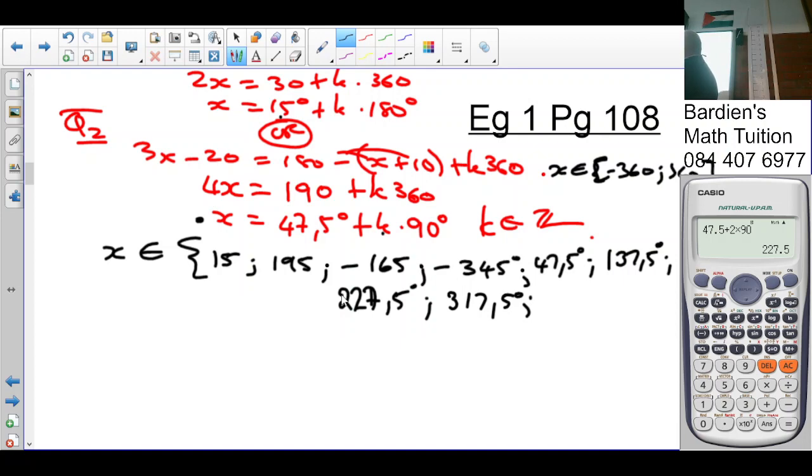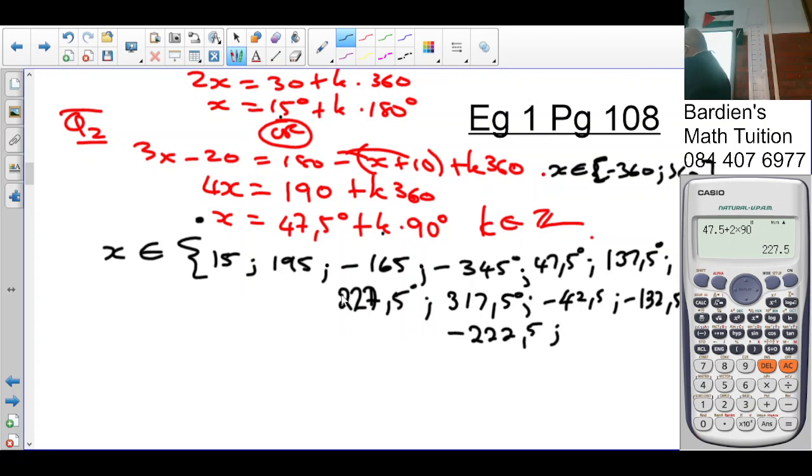Minus 1. Negative 42.5. Put minus 2 in. Negative 132.5. Then negative 222.5, no?